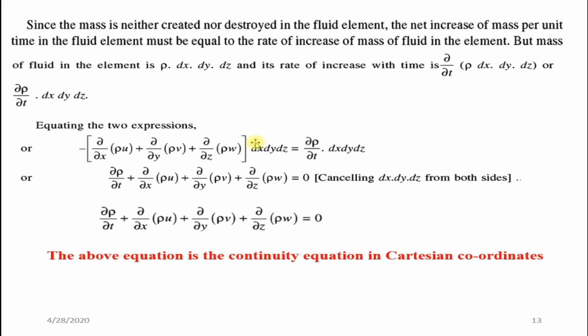Dx dy dz is common throughout, so it cancels. The remaining term is dou rho by dou t; taking the other terms to this side, dou rho by dou t plus dou by dou x of rho u plus dou by dou y of rho v plus dou by dou z of rho w is equal to 0. This equation is called the continuity equation in Cartesian coordinates or rectangular coordinates.